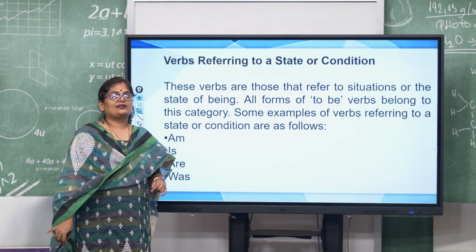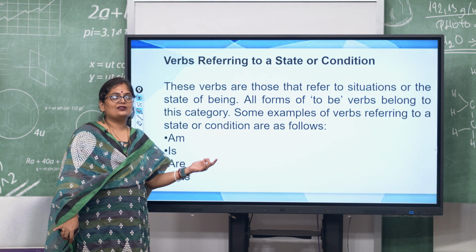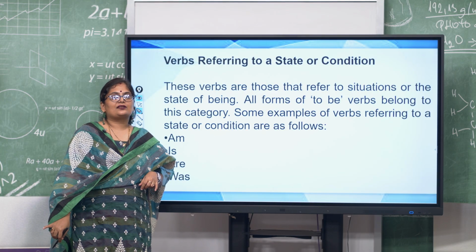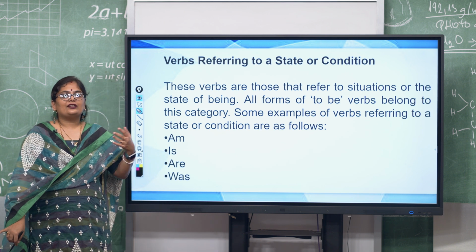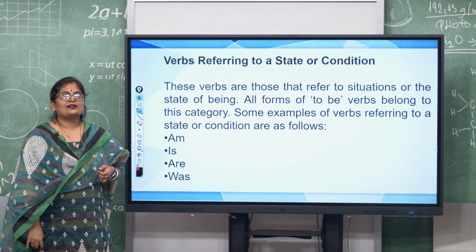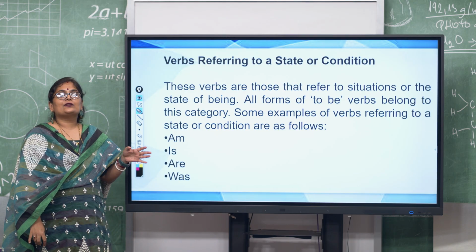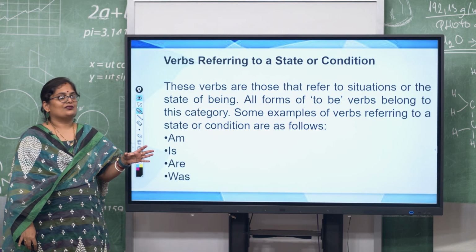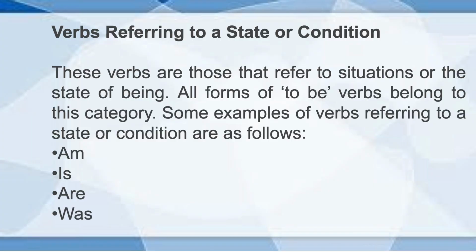Prior to that, we discussed verbs referring to action. In the second slide, we discussed verbs related to experience and feelings, and in this particular slide, we will discuss verbs referring to a state or condition. These verbs refer to situations or the state of being.